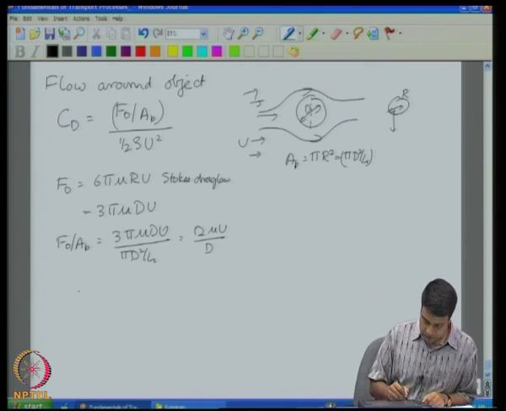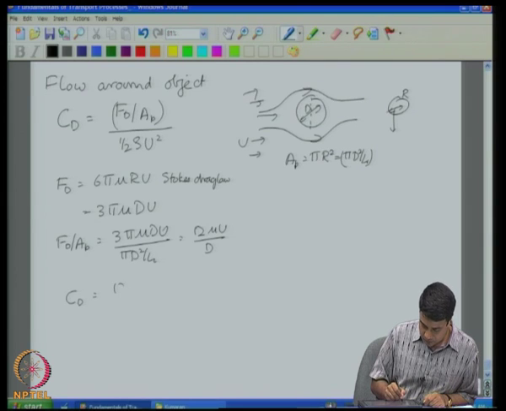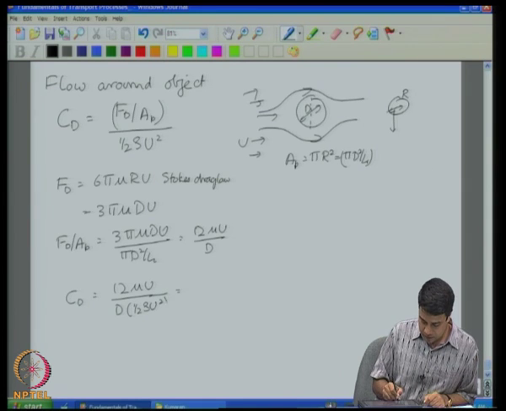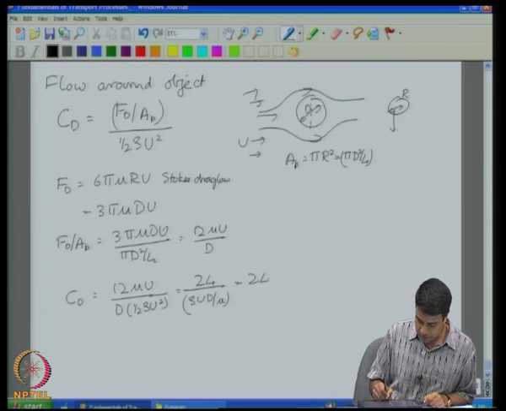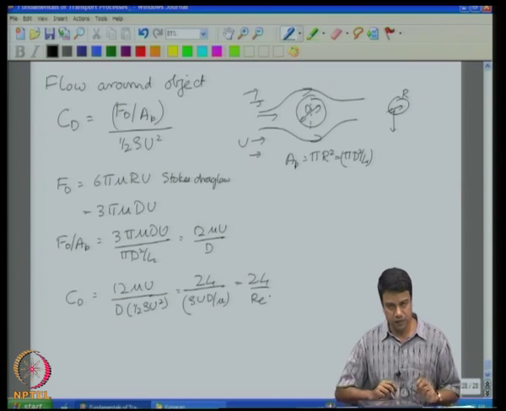So, C_d is equal to 12 mu u by d into half rho u squared, which is equal to 24 by rho u d by mu. It is equal to 24 by Re.